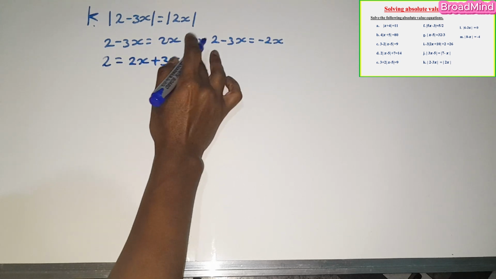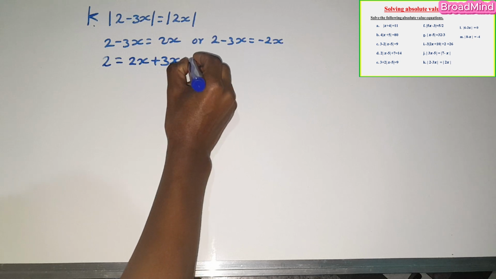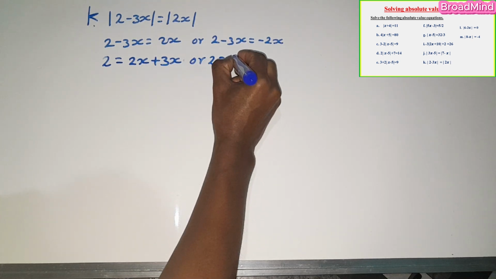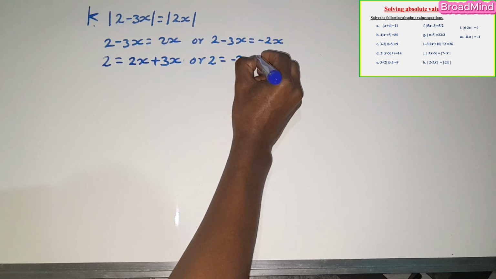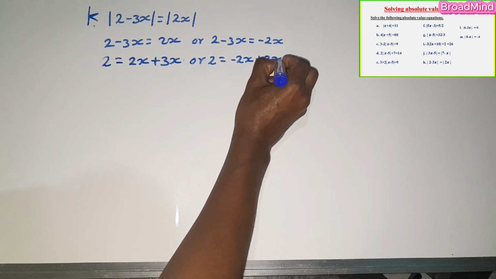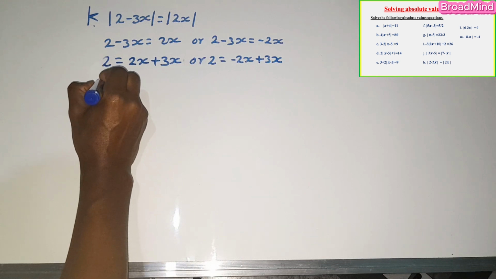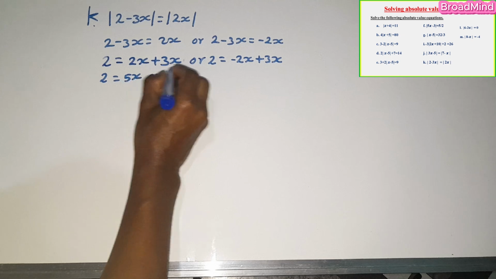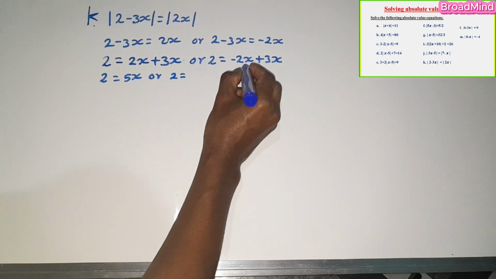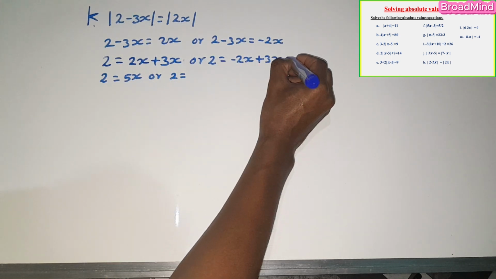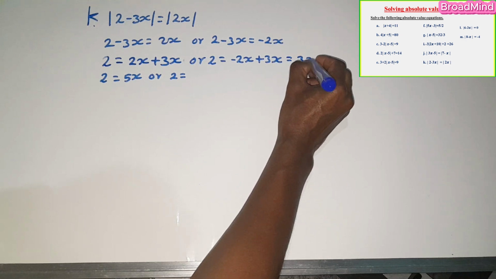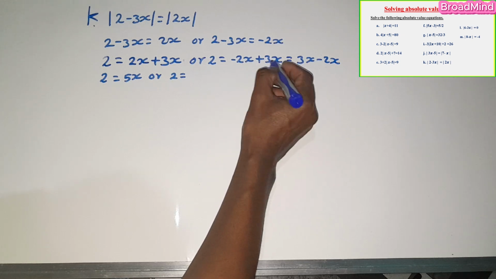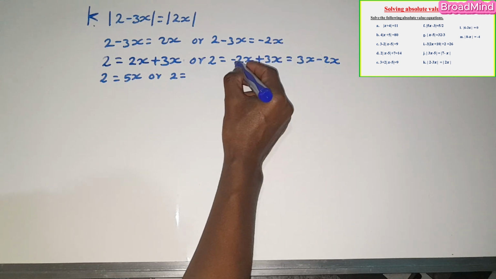X is equal to, or 2 is equal to negative 2x plus 3x. 2 is equal to 5x, or 2 is equal to, in this case, 3x minus 2x, they are the same. This is positive, here positive, negative, negative.